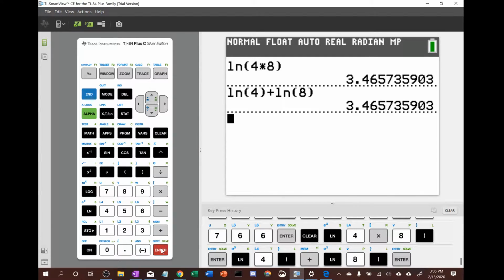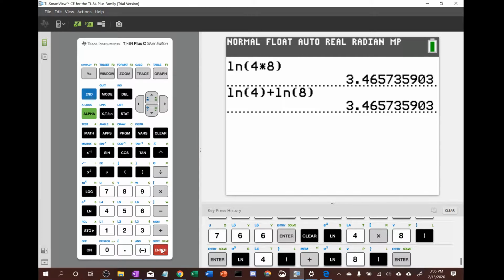Check how you typed it. Make sure your screen looks just like mine. Okay, so that's as hard as it is. That's the product rule.